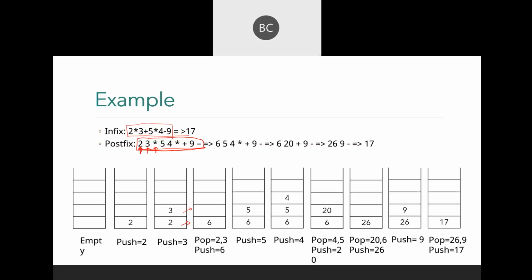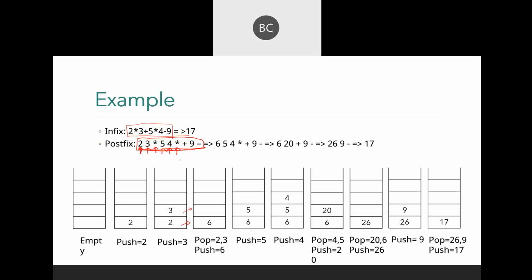Now scan again. Now you have the number 5. It's an operand, so we'll push it to the stack. Next operand is 4, so you will push it to the stack again. Next you have a multiplication sign. What will you do?